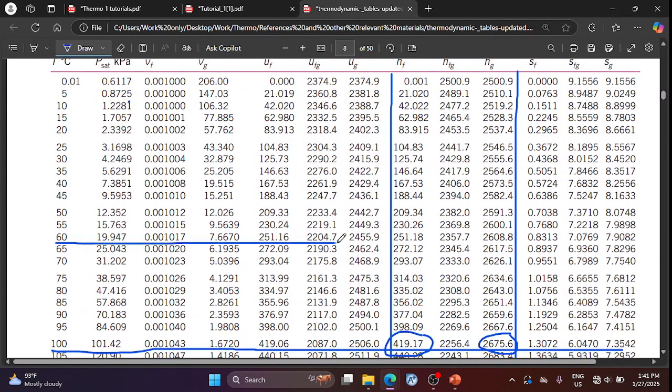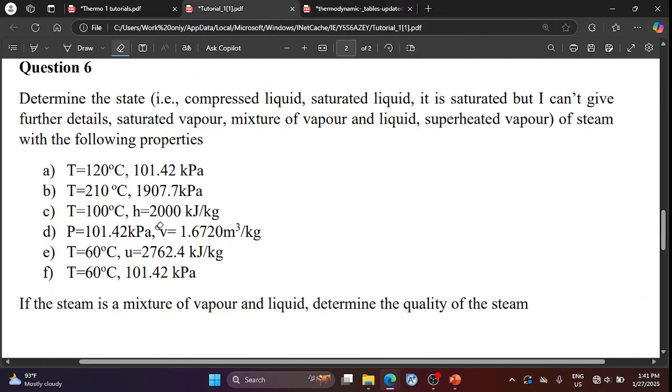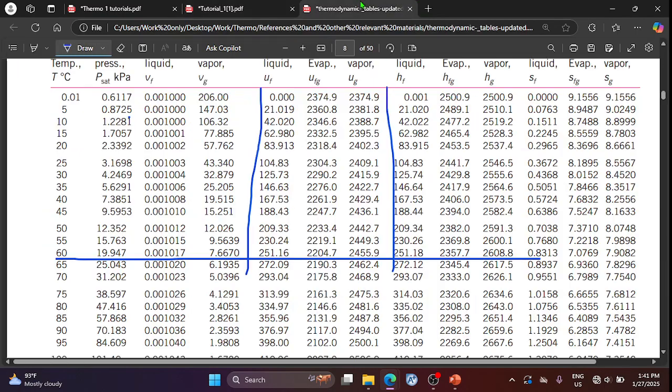I'll just extend it. Let me clean the previous ones. Okay, and then we have our u values. So the u values are from here, and they end here. Now the u value we are getting, this one is saying is 2762.4 kilojoule per kilogram.